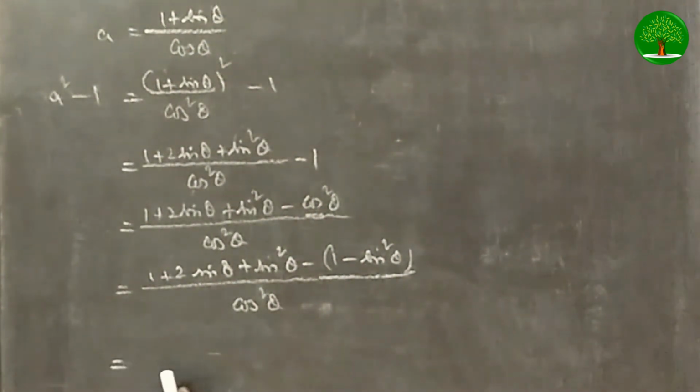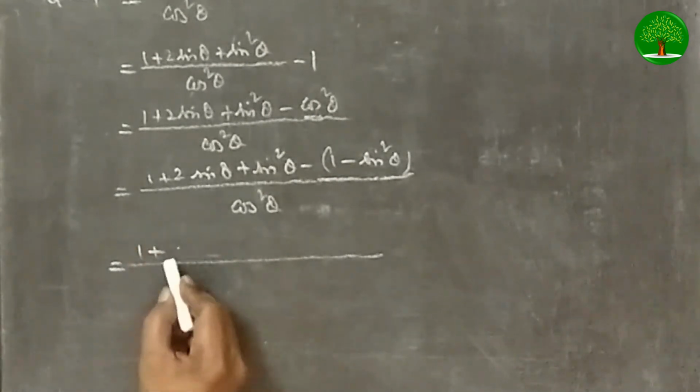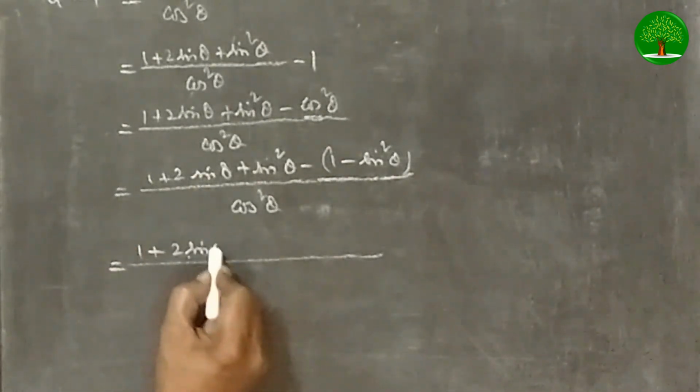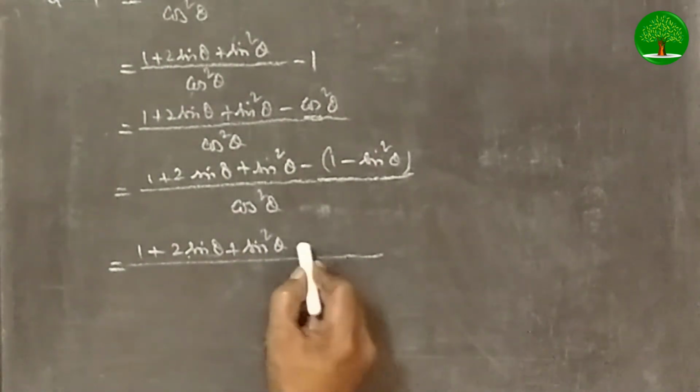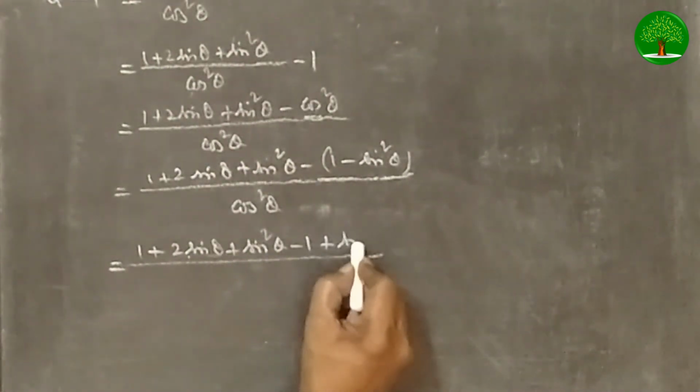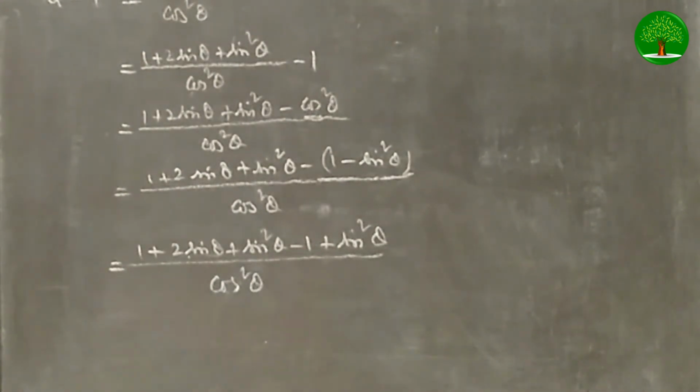Now this is equal to 1 plus 2 sin theta plus sin square theta minus 1 plus sin square theta by cos square theta.